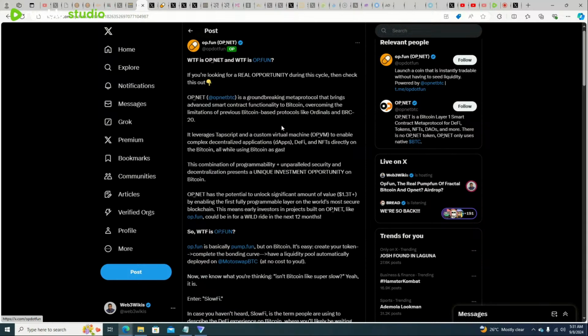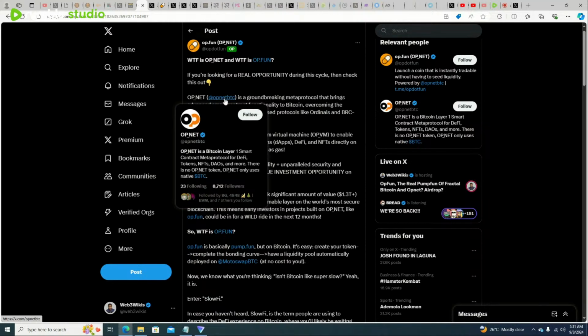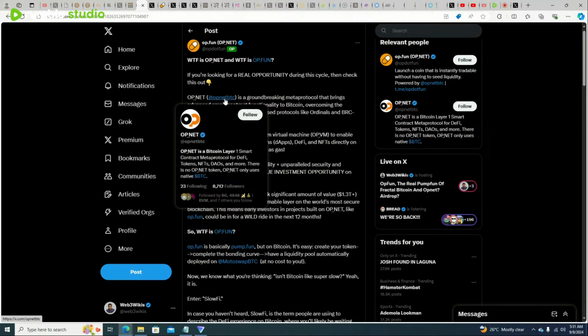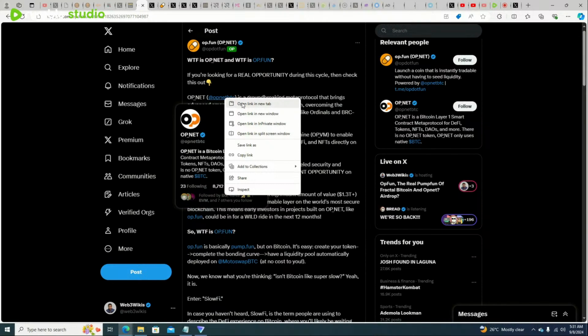So there were obvious limitations with what's possible in a non-smart contract environment. So it looks like OPNet BTC is trying to make sophisticated smart contracts a thing on Bitcoin, and they may be the spearheaders of something.